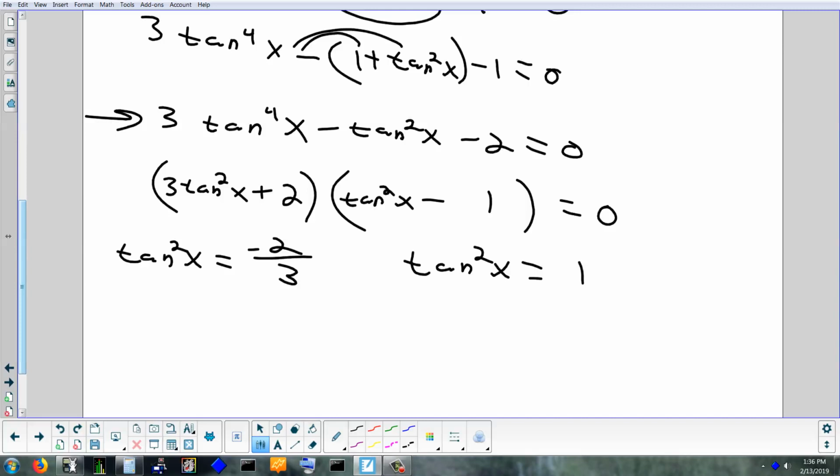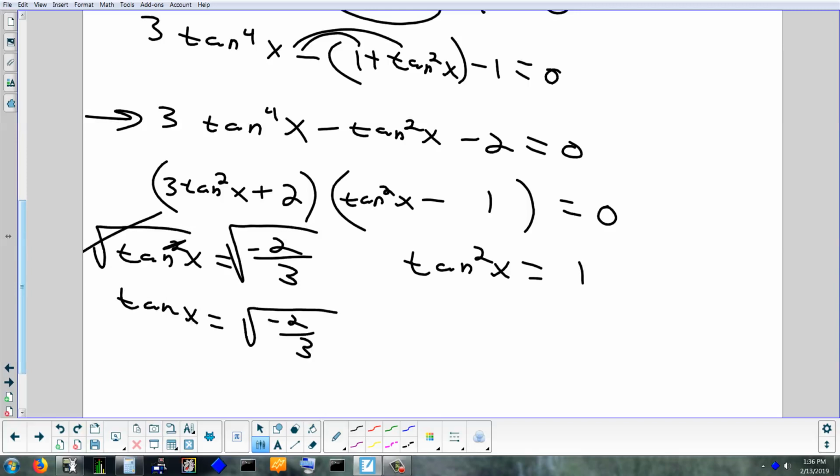I can't even do inverse tangent yet because I've got to get rid of the square. What's the first thing I would do to get rid of the square? Take the square root. Square root, square root, square cancel. So the tangent of x equals the square root of negative 2/3.